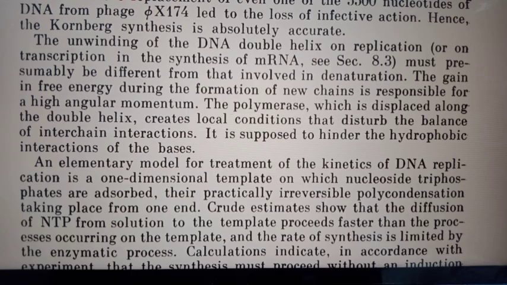The polymerase which is displaced along the double helix creates local conditions that disturb the balance of interchain interaction. It is supposed to hinder the hydrophobic interaction of the bases.